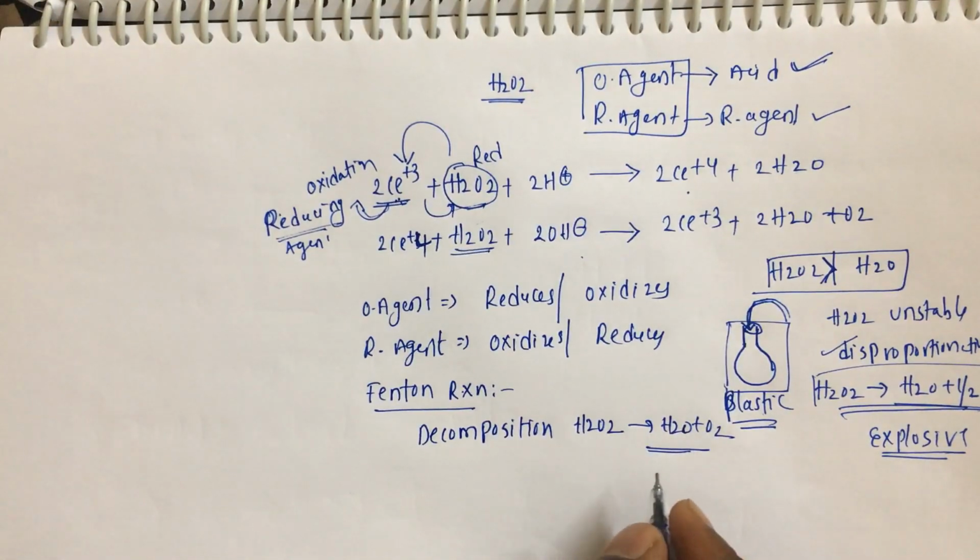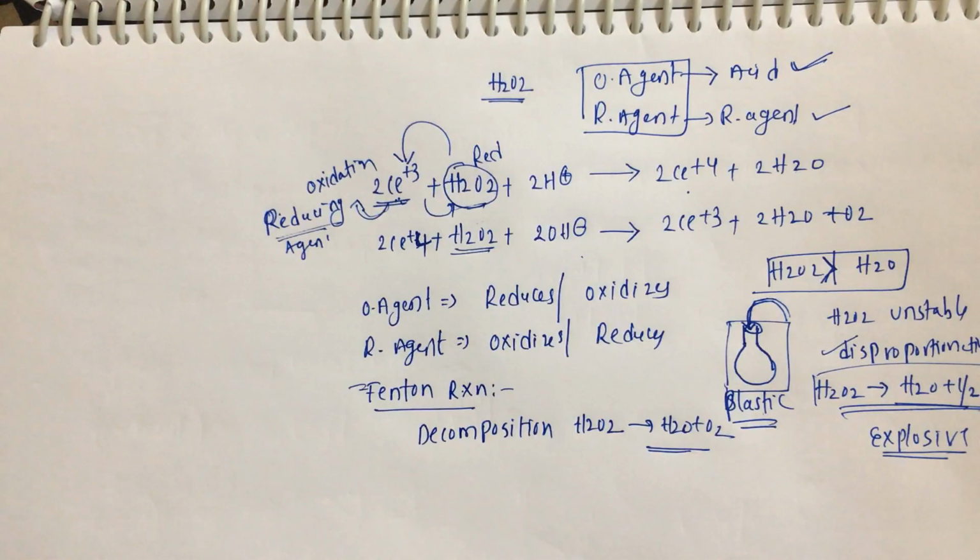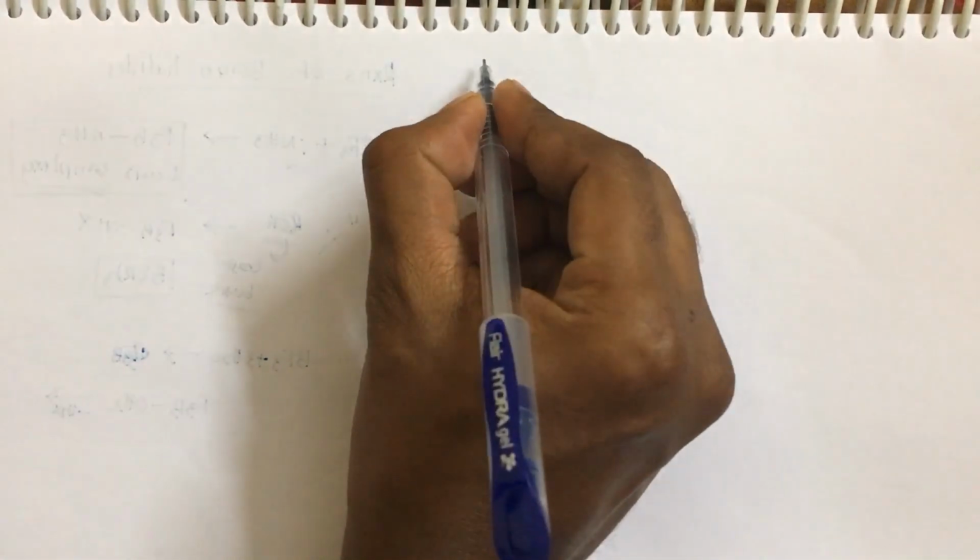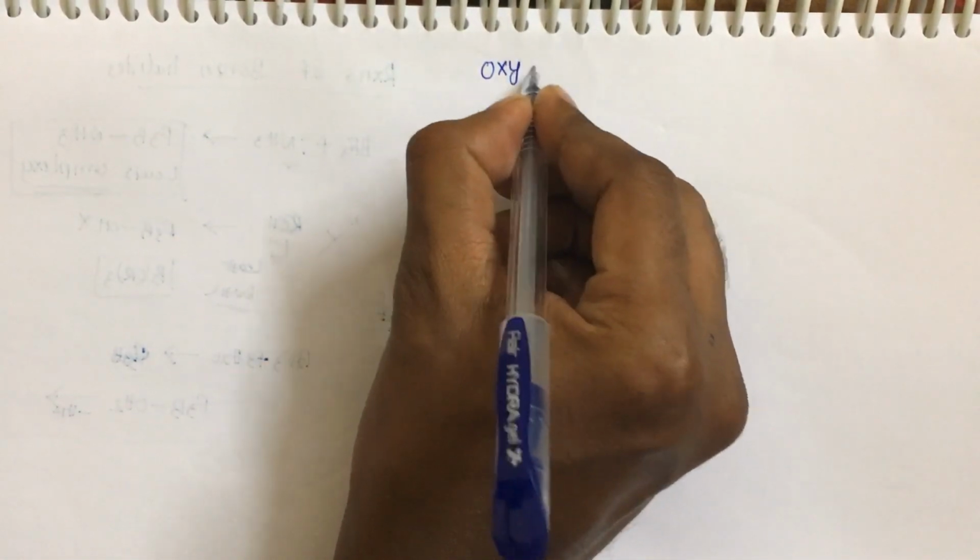This is called the Fenton reaction. Just remember this one statement, it's not that important. And then, this is about oxygen and ozone. The next important topic is the oxyacids of sulfur.